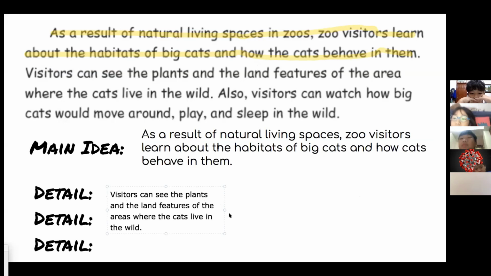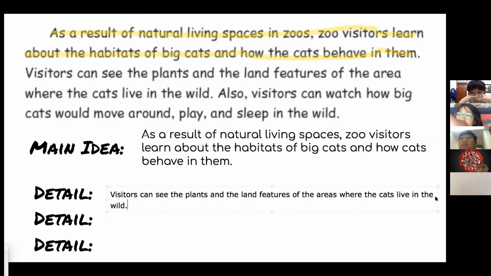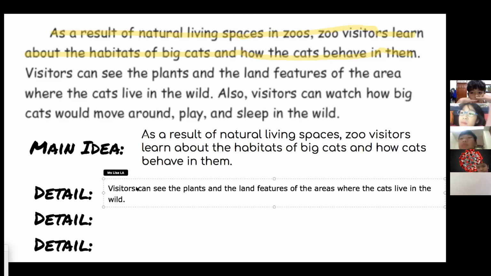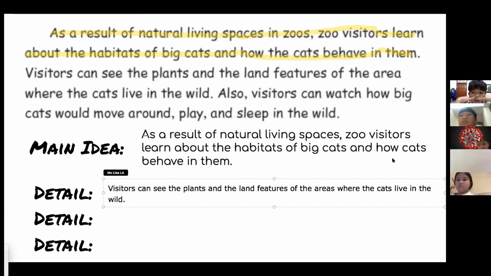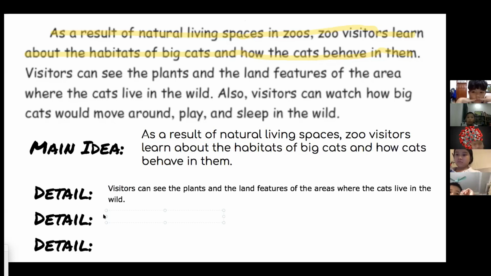Okay, good job. So that is one detail. It tells more about how zoo visitors can learn from cats living in big spaces. Okay. Also, visitors can watch how big cats would move around, play, and sleep in the wild.